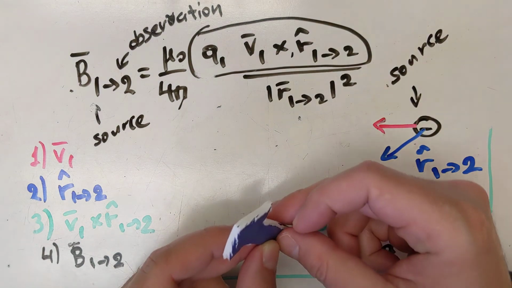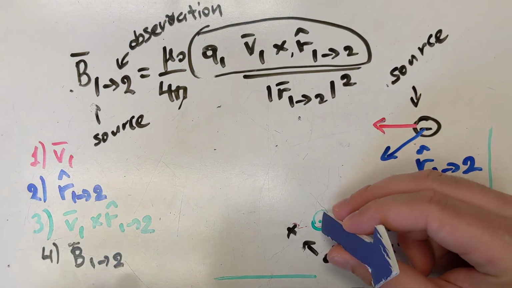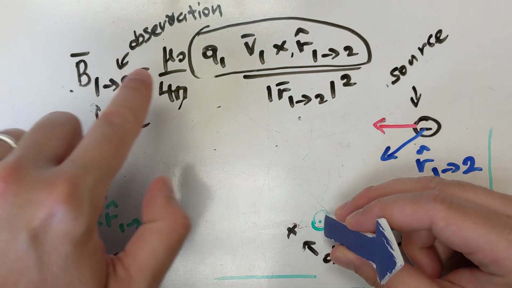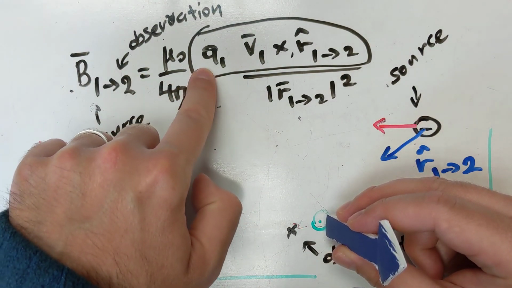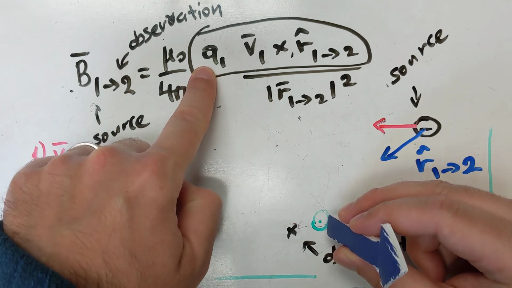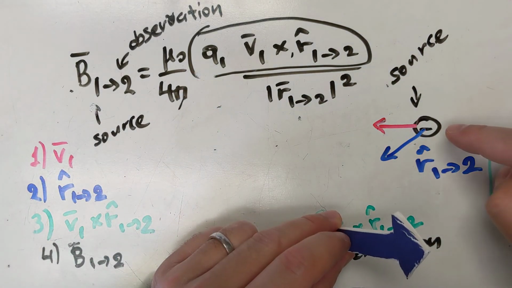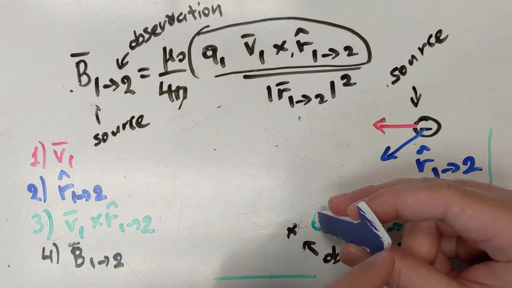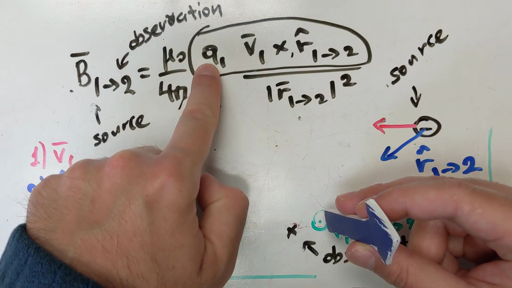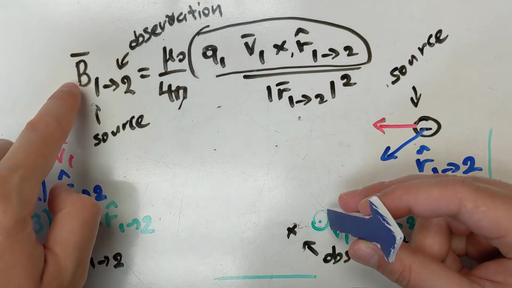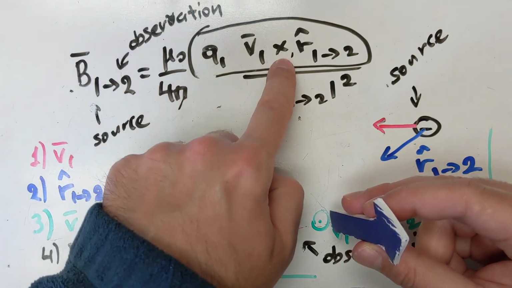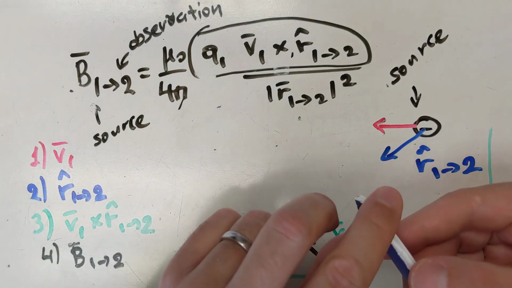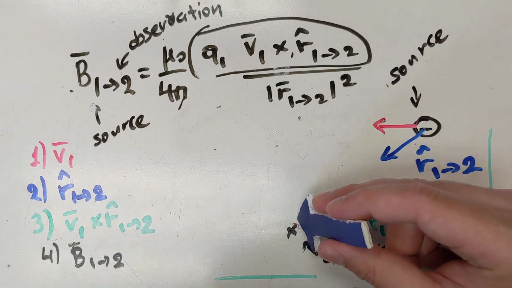Now, I said the last step is to find the direction of B, and B depends on the sign of the charge that is creating the magnetic field. Since here now I have a negative charge, since the cross product goes out of the page, the negative number here will make B point in the opposite direction of the cross product, and the opposite of out of the page is into the page.